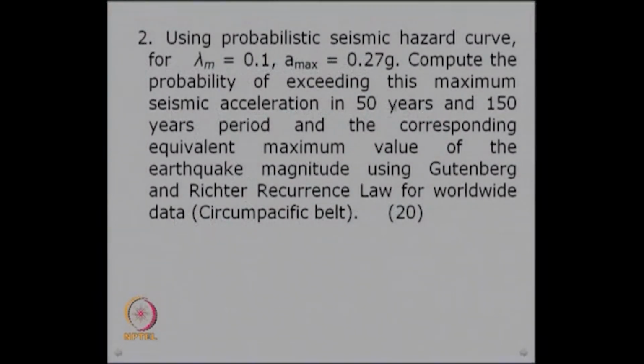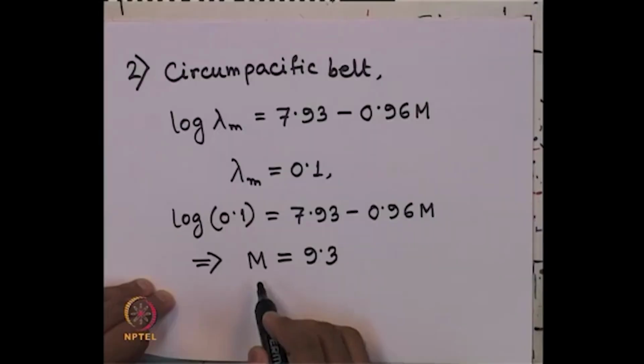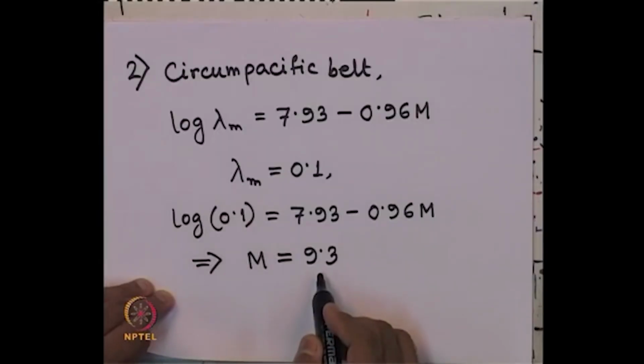That is, the probability of exceeding this maximum magnitude in 50 years and 150 years corresponding to this equivalent maximum value of earthquake magnitude, which we have calculated here, m equals 9.3.